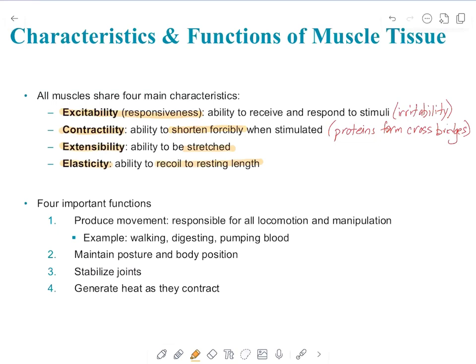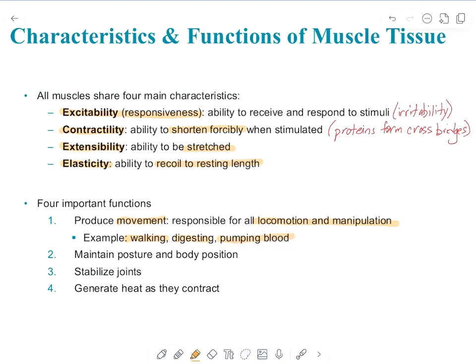The four important functions are to produce movement. That movement could be locomotion and manipulation of the environment, and that would be skeletal muscle. Walking would be skeletal muscle, but digestion and pumping blood would be the smooth muscle for digestion, and pumping blood would be in the heart, would be cardiac muscle, but in the blood vessels, it would be smooth muscle.